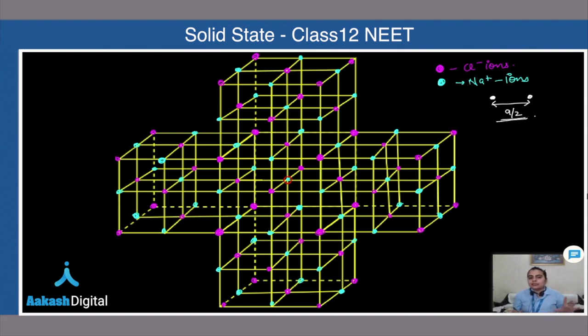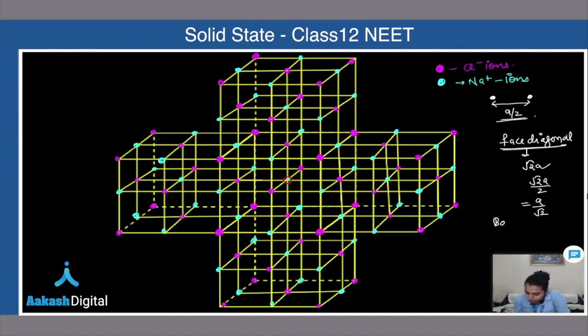Shweta, beta, we are discussing coordination number for NaCl. If I consider my face diagonal, this is root 2a. Yes or no? Half of it would be root 2a by 2, that is a by root 2. Now consider the body diagonal.